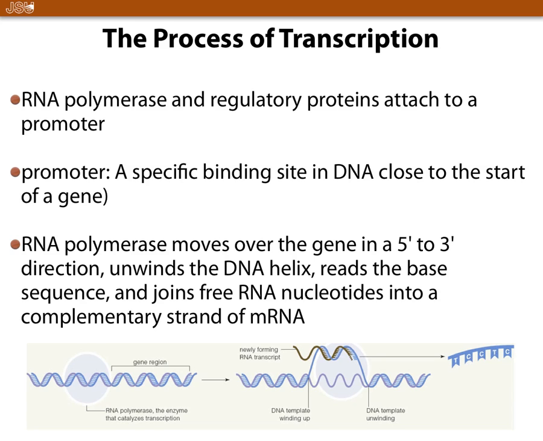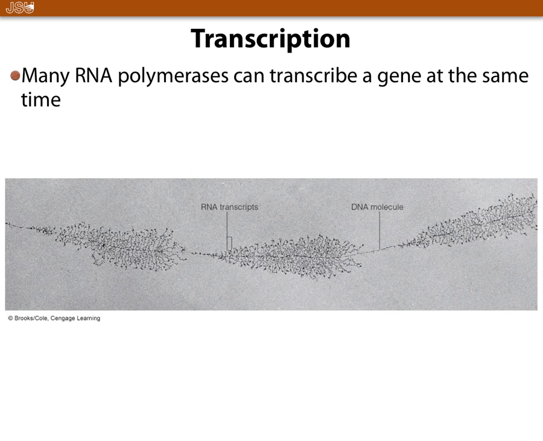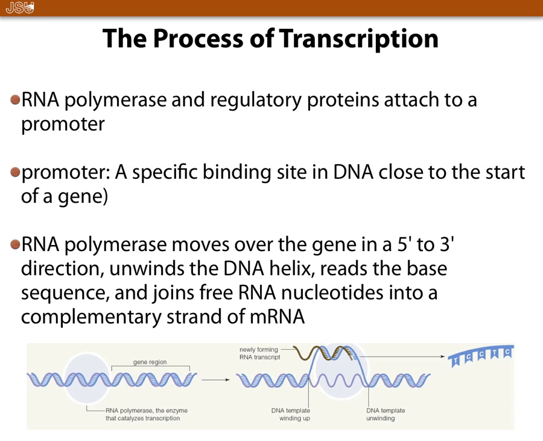That's why you see that brown wave type of thing, and then it's associated with that one line of blue. Well, that one line of blue is single-stranded DNA. That brown wave is RNA, and those are complementary to each other. Okay. So just know what a promoter is and what an RNA polymerase does, and know their relationship.